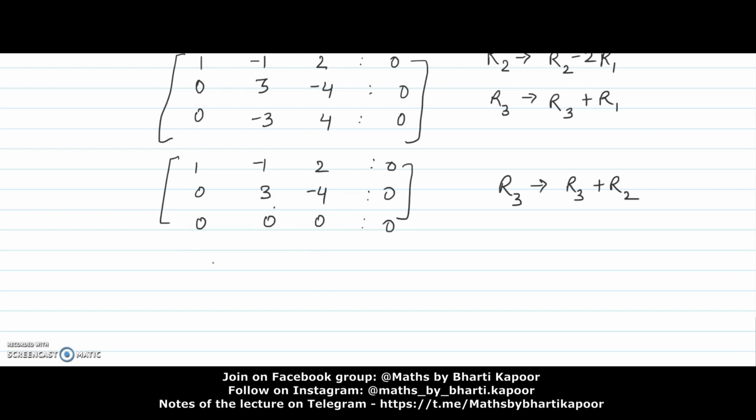Now, coefficient of x1 is 1, coefficient of x2 is minus 1, coefficient of x3 is 2. Now 3x2 minus 4x3 equal to 0.